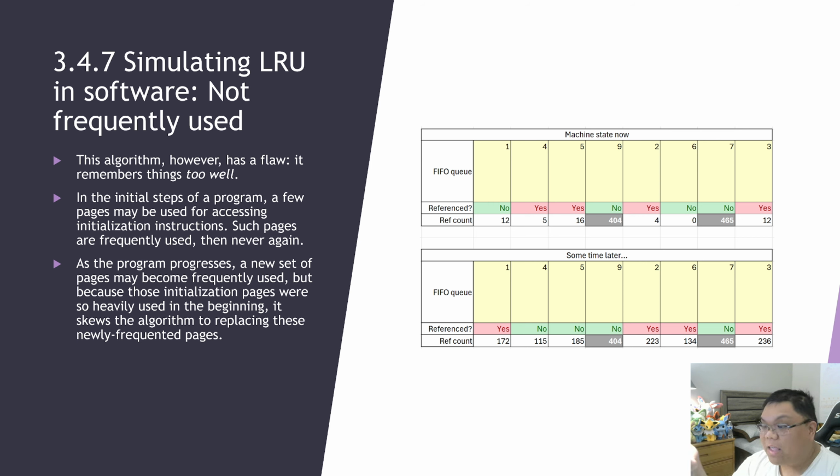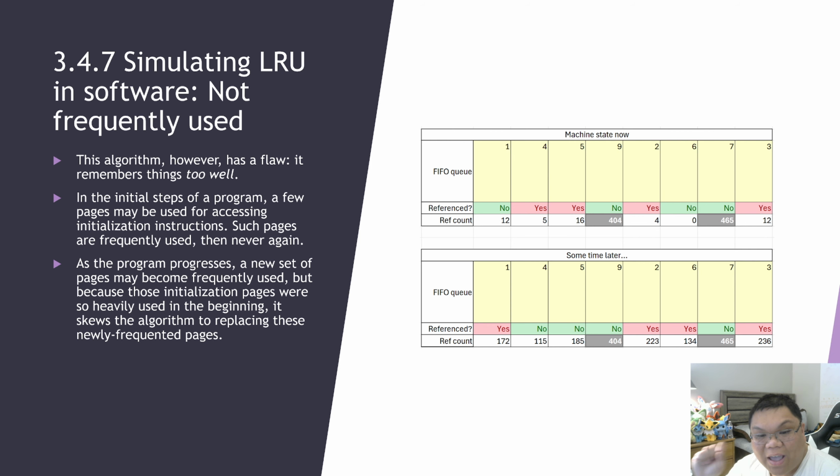After some time, pages 9 and 7 are never used again, but their reference counts are still very high, 404 and 465, so the system still thinks that those are the most frequently used pages, when at that time the program has stopped using those pages and now it's using some other set of pages. That is the problem of not frequently used.